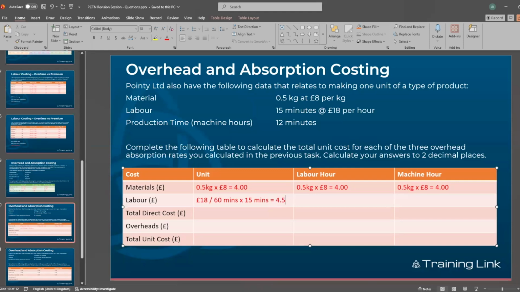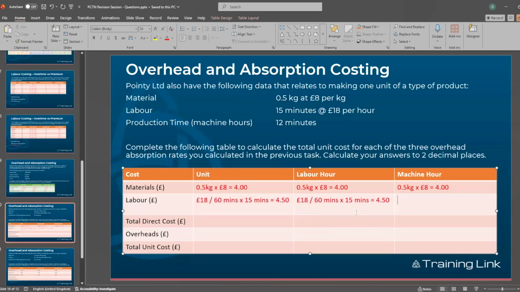Equally, sometimes you can see that there are 4 lots of 15 minutes in an hour, so you could just divide it by 4 and get exactly the same answer. But sometimes you might get minutes which might not be as obvious at face value, so divide by 60 minutes times by the number of minutes it takes to make. And again, that's exactly the same for each one.